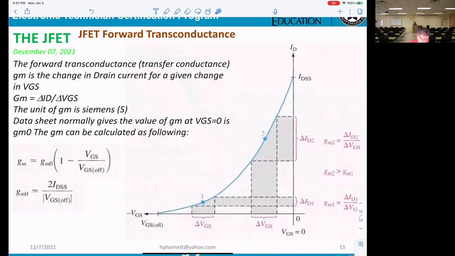However, if not given, you can calculate GM0 equal to 2 times IDSS divided by the absolute value of VGS off. You understand VGS off is normally a negative voltage, and GM0 is just a constant value, so that's why it cannot be negative. Okay.